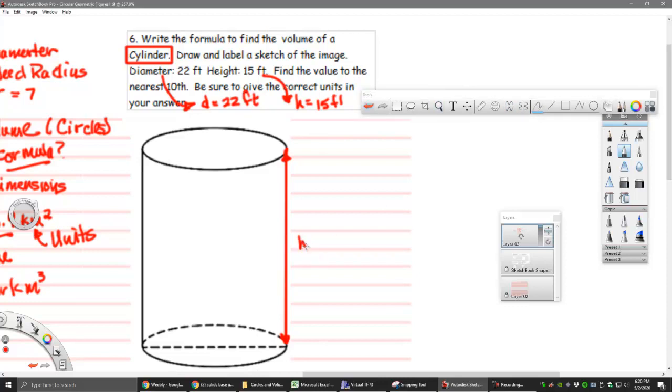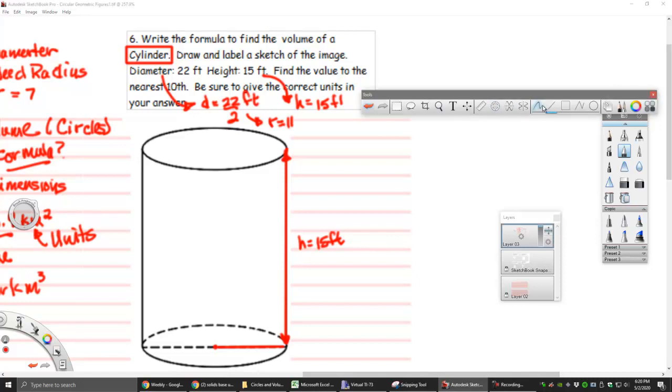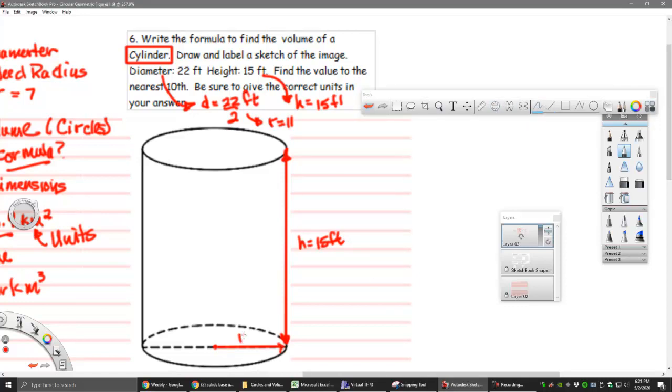We know we have r squared, which will give us 2 dimensions, and that 3rd dimension is given by that height of 15. So the radius on this one is 11 feet. And the formula is based around the idea of a circle. So you can see the pi r squared, and then I have that one more dimension, which is h.